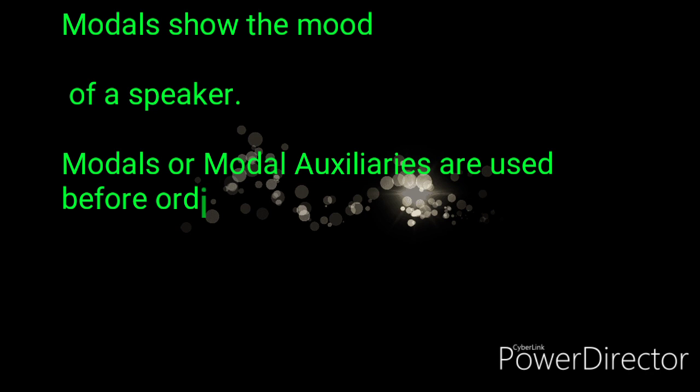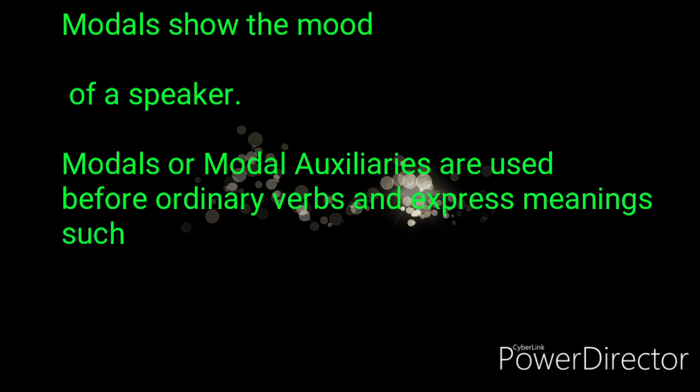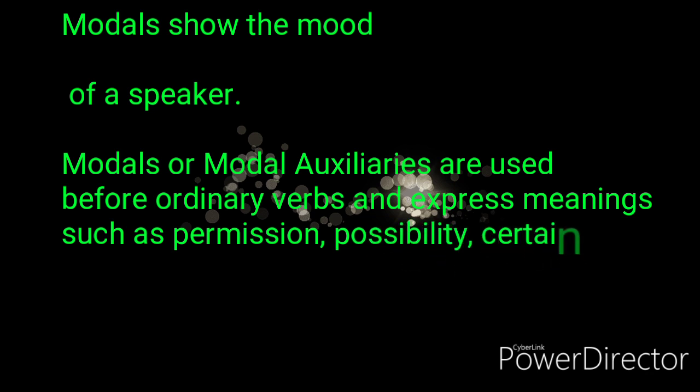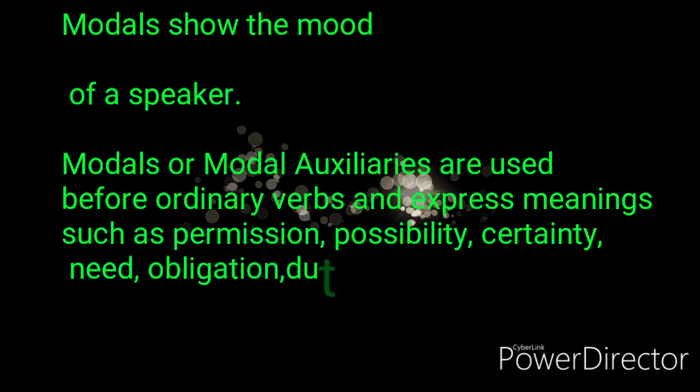Generally, modals or modal auxiliaries are used before ordinary verbs and express meanings such as permission, possibility, certainty, need, obligation, duty, etc. So, modals show the mood of a speaker, and modals or modal auxiliaries are used before ordinary verbs.